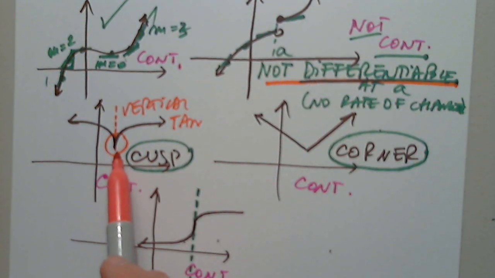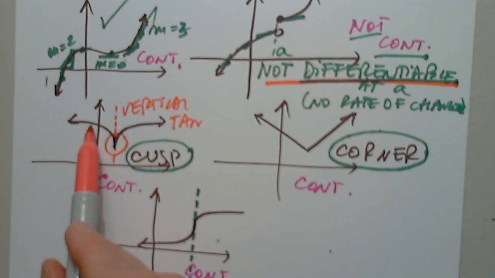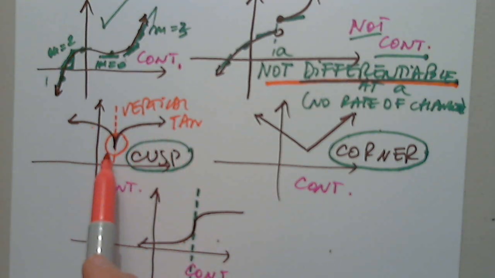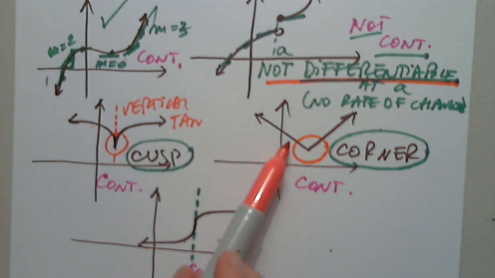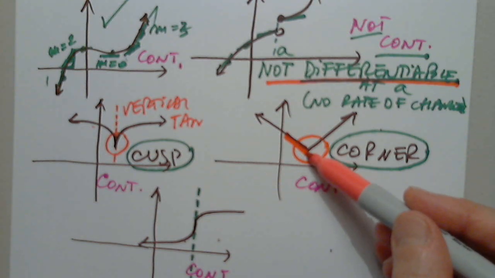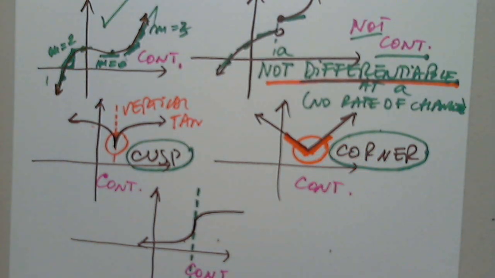It does not have a rate of change. It has a rate of change everywhere else, but not at this point. Again, here it does not have a rate of change because one slope is negative on this side and another slope is positive on this side. It's not a vertical tangent, but it has 2 tangents.